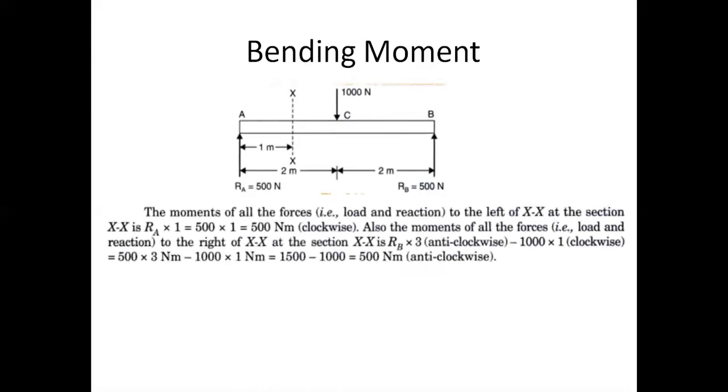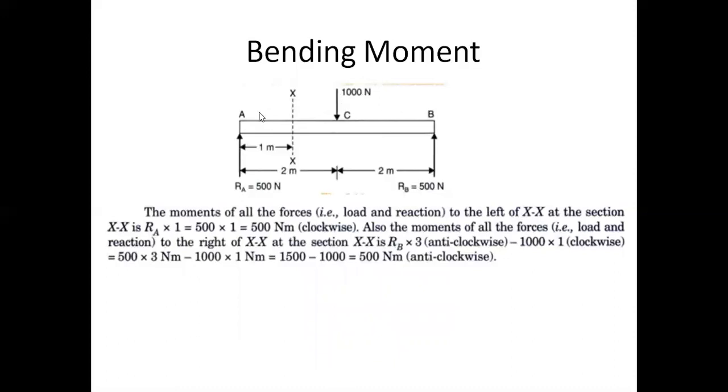Now we will try to calculate the moments. What is a moment? First of all, moment is nothing but force into perpendicular distance. For example, I want to calculate the moment of this force at any point. That means we need a point, the moment about that point. If I want to find the moment of this 1000 newtons with respect to point A, what do I have to calculate?